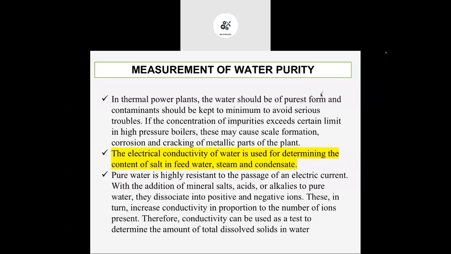It also reduces the heat transfer rate. Because of that, the performance of that particular device decreases, and the effectiveness of the heat exchanger decreases. That is the main concern regarding water purity. Because of that, time to time maintenance is required.